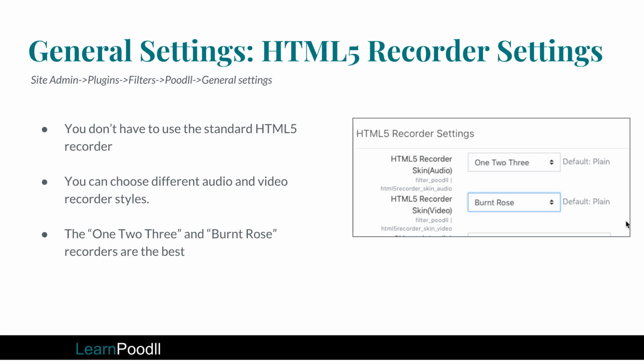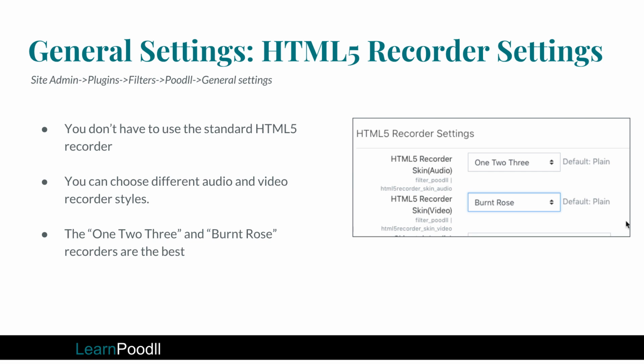By default, Poodle ships with an HTML5 recorder that is quite plain and not very attractive at all, actually. The best feature about that really is that it is quite simple to style that with CSS. So if you want to change the buttons to green or blue or square or round, you can actually do that.